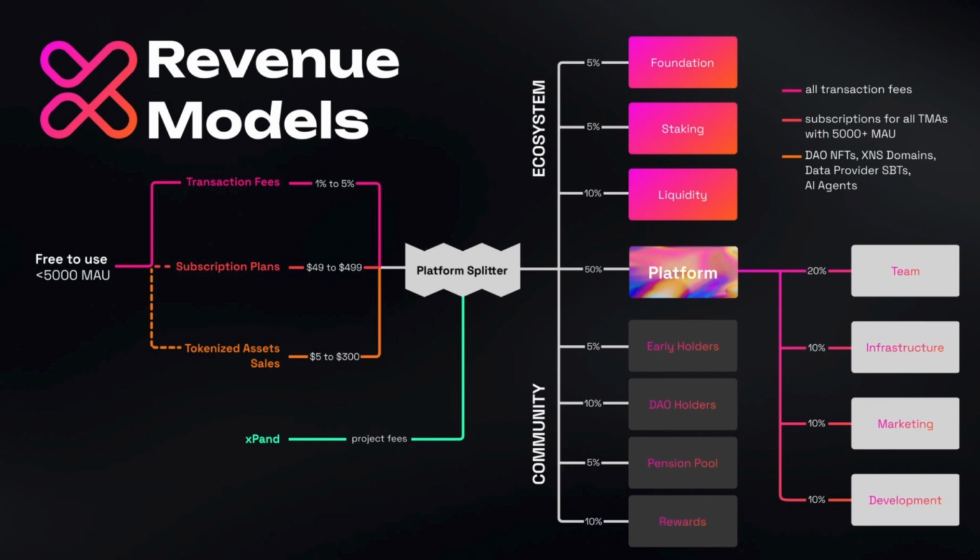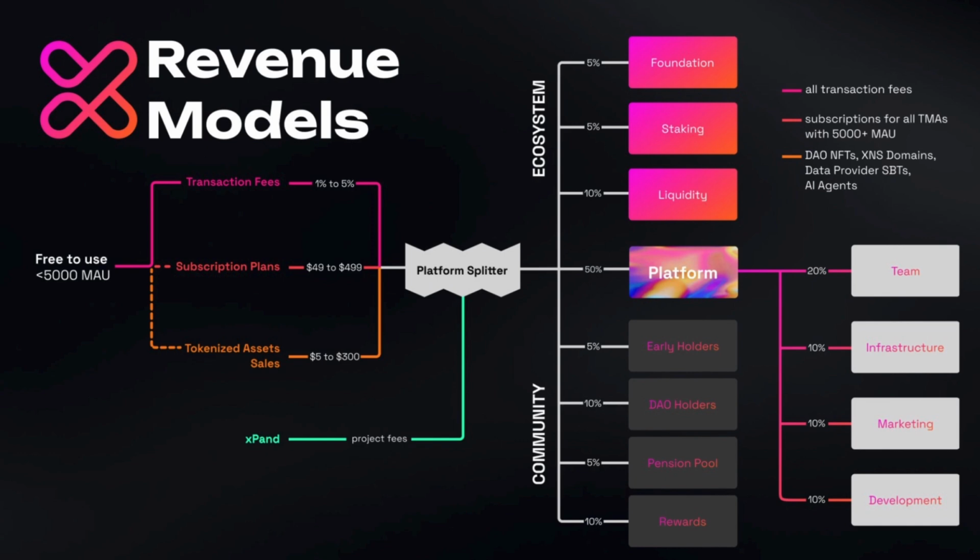Transaction fees, subscriptions, and asset sales generate the revenue, which will be redistributed to the stakeholders, like the DAO holders and creators, and this incentivizes participation. Holders stake more XW3, builders deploy more mini apps or dApps, and creators list more products, all of which generate more transactions and revenue.